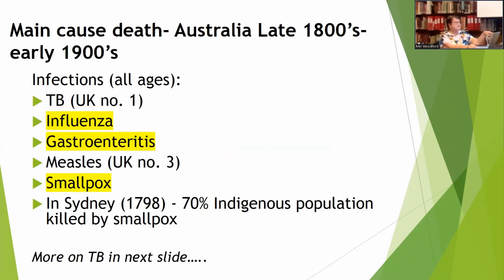And then in Australia, we also had influenza and gastro and smallpox. In fact, in 1798, it's estimated that 70% of the Indigenous population were killed by smallpox. So you can see that TB in particular is common in both those countries.